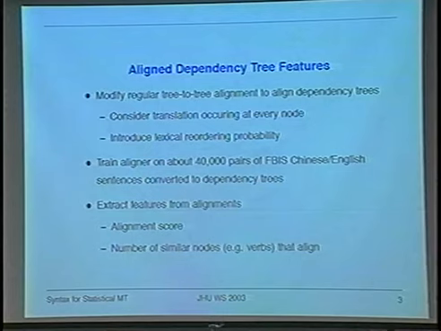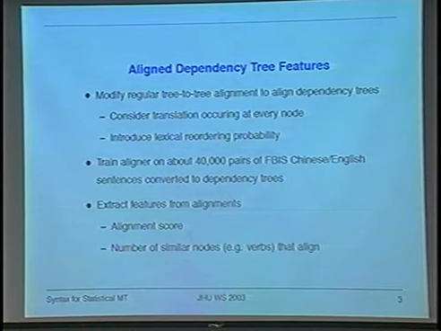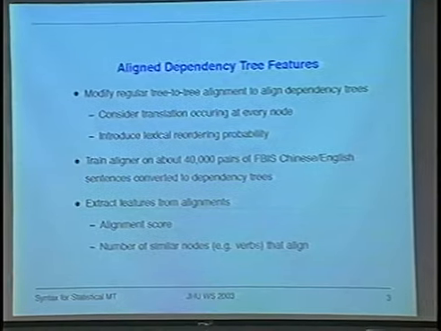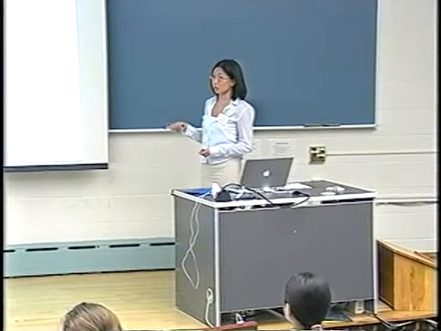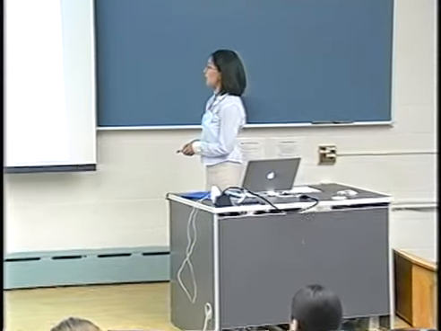And then also to introduce a new probability, which is lexical reordering: looking at the probability of a particular word reordering its children in a certain way, and trying to see if certain words always reorder their dependents in the right way. After modifying the alignment program, we trained it on about 40,000 pairs of FBIS Chinese-English data. And then we extracted features from these alignments. A couple of examples are the alignment score, so how probable was this alignment, and also the number of similar nodes that were aligned to each other.